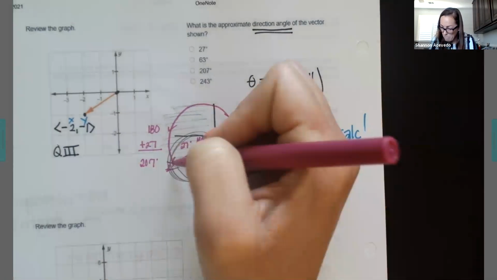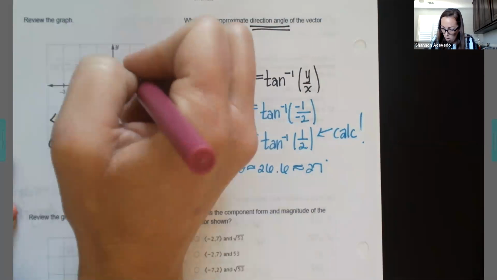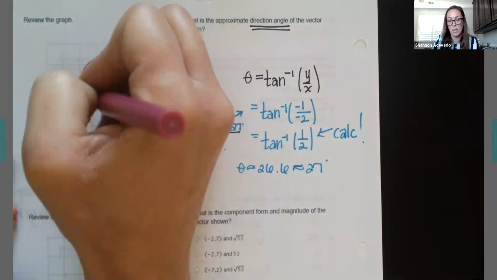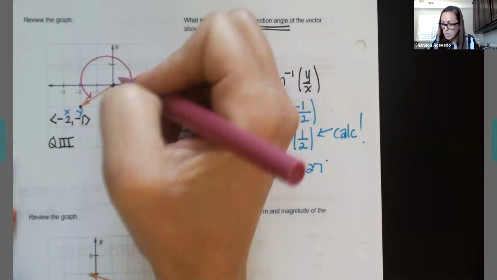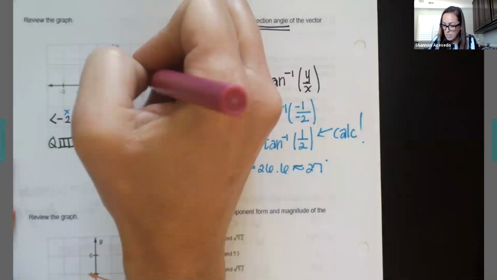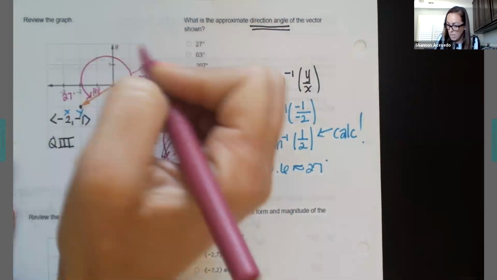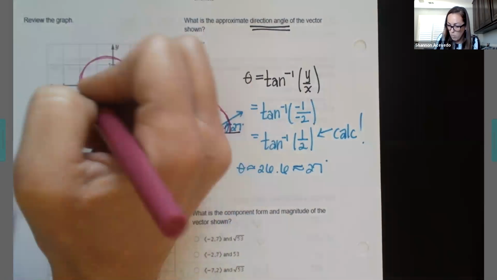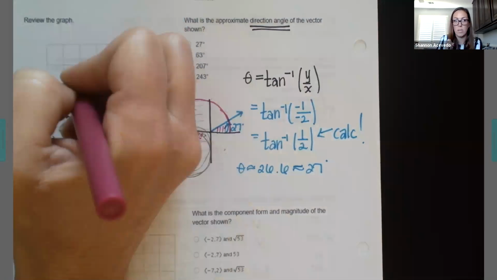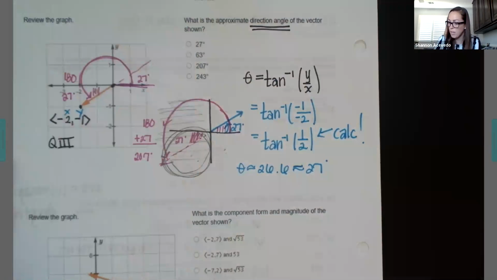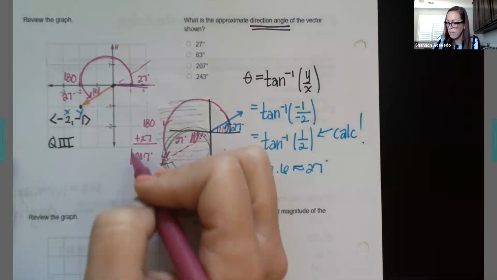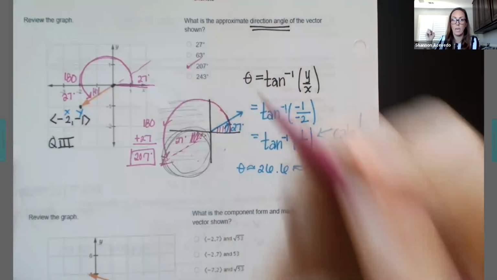We were able to evaluate that this is 27 degrees, so this has to be 27 degrees. From here to here, half a circle is my 180. So we needed to add them together and we got our 207, and there we go.